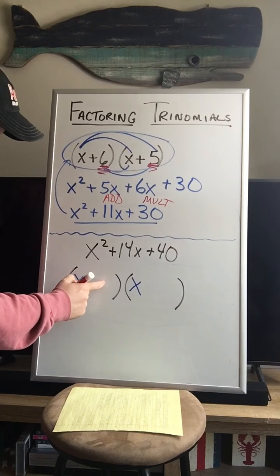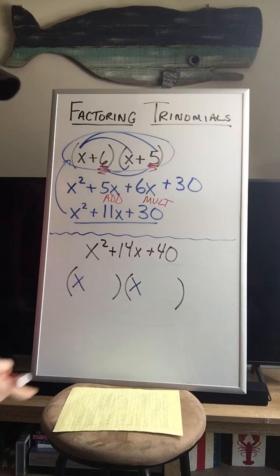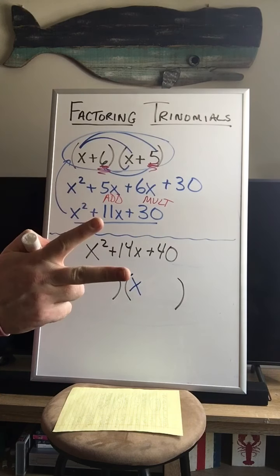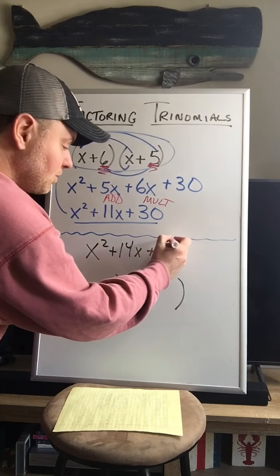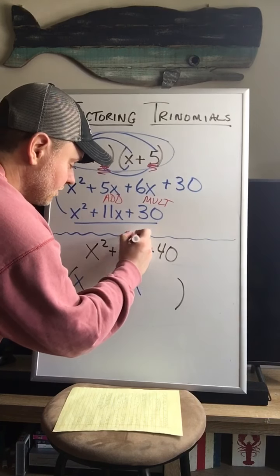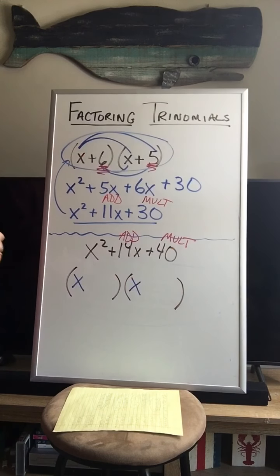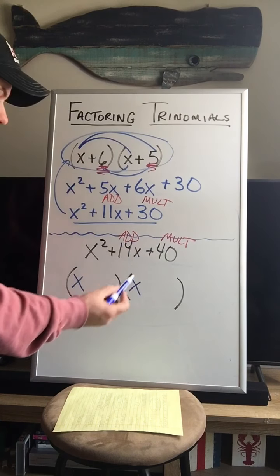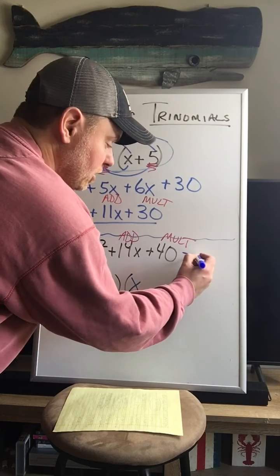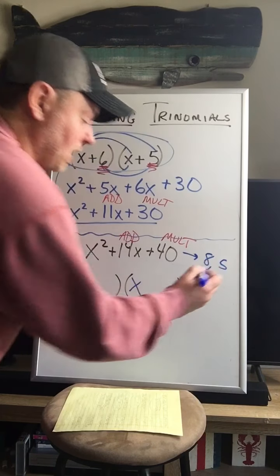So when I'm trying to figure out what goes here and here, I am trying to figure out two numbers that add up to 14 and multiply to 40. So we start thinking, what multiplies to 40? Well, right away you might think 8 and 5 multiplies to 40.